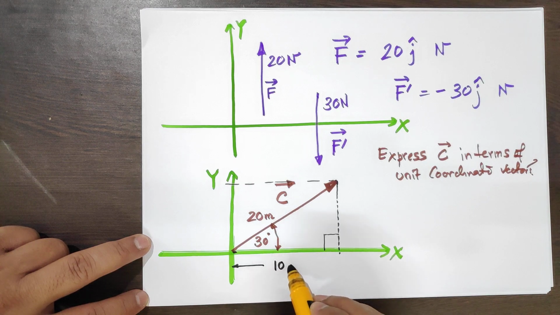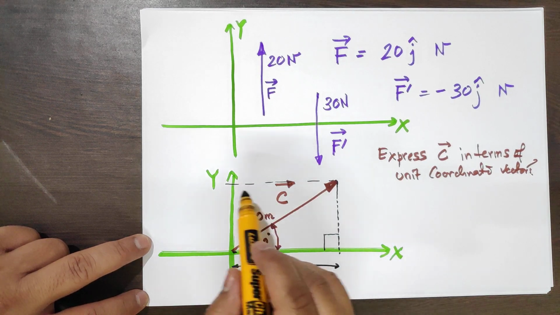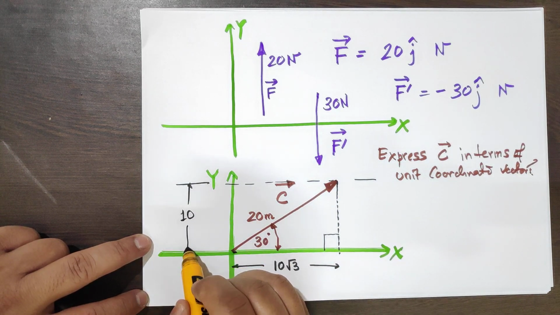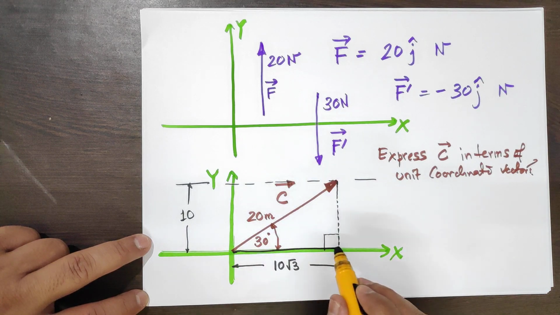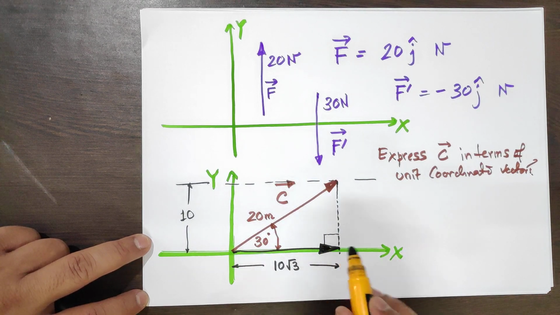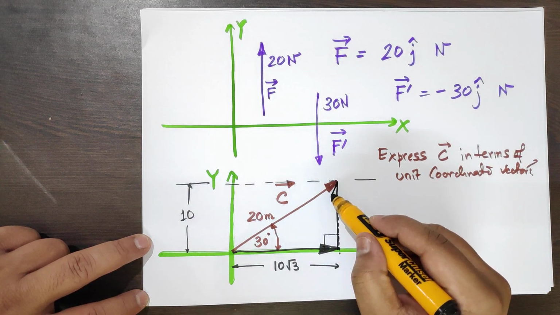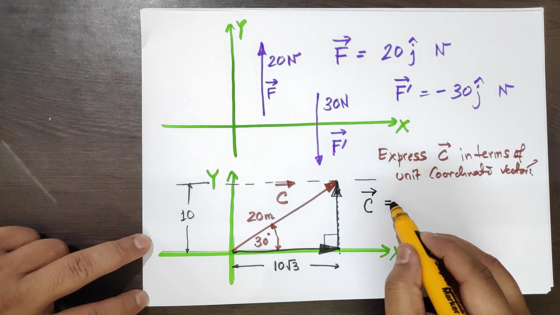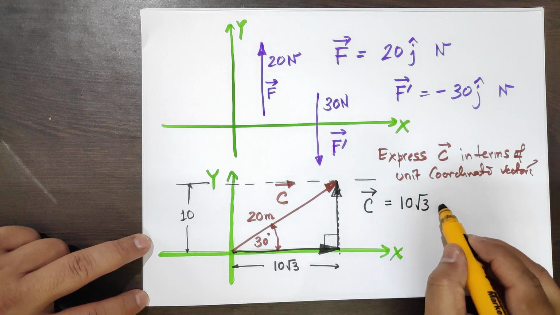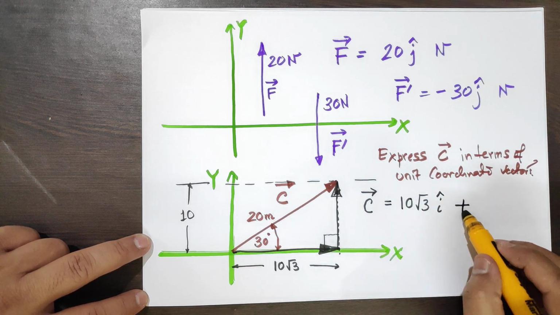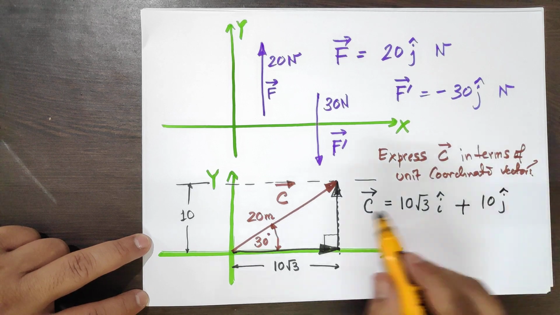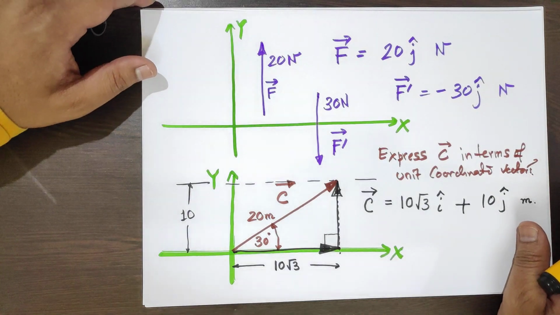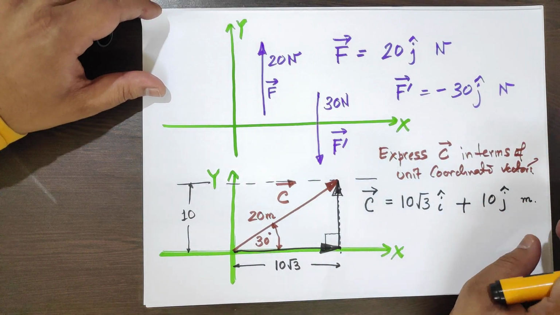Okay, so this is 10 root 3, and this length is 10. So you make this a vector by multiplying I cap, and this you make a vector by multiplying j cap. So in terms of I cap and j cap, C can be written as 10 root 3 I cap plus 10 j cap. As it's in meter, you write meter outside. So this is how you can express a vector in terms of the unit coordinate vectors.